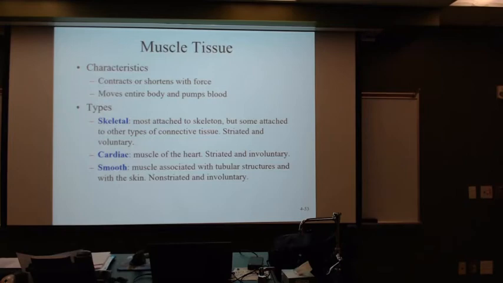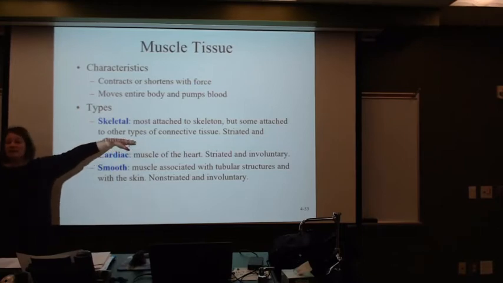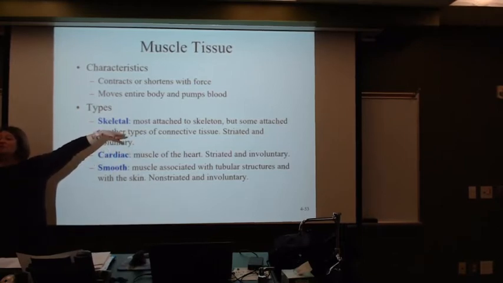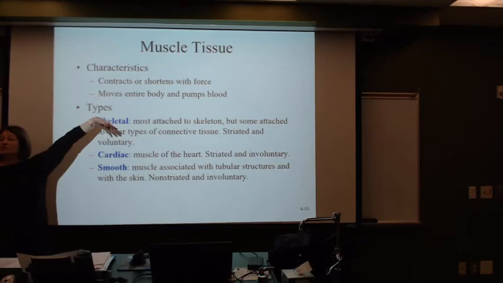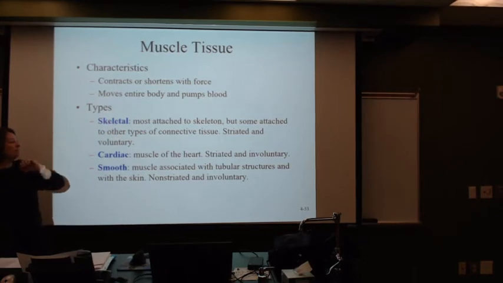It can help digest food, if we think about the intestine, stomach, and so forth, because that's going to be smooth muscle. Like we're saying, skeletal is attached to the skeleton. We're going to find some of it has attachments to these other connective tissues that we talked about.